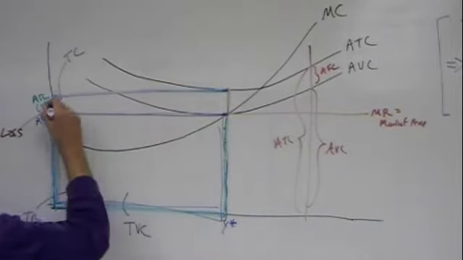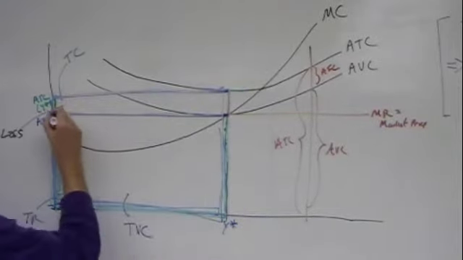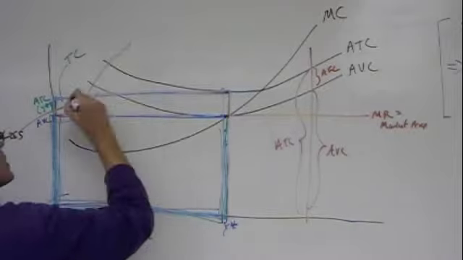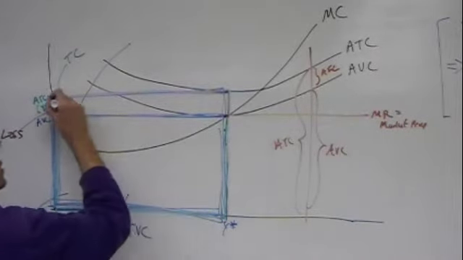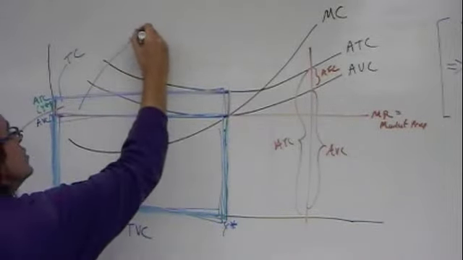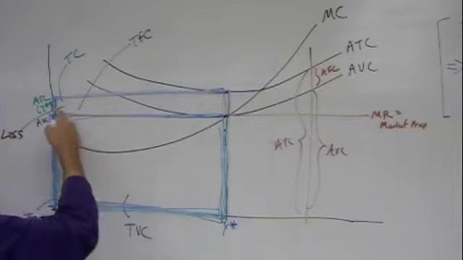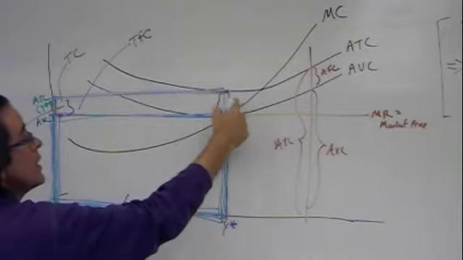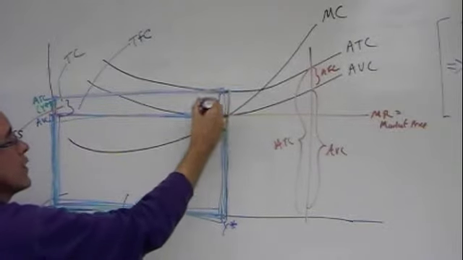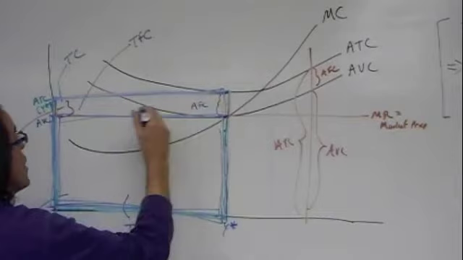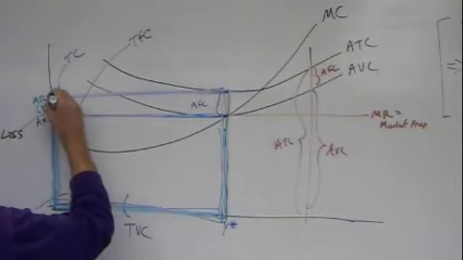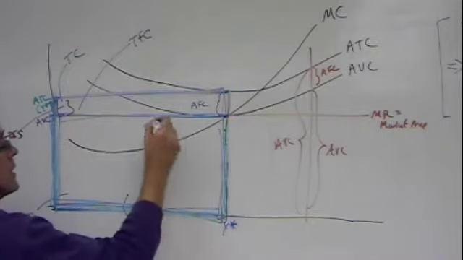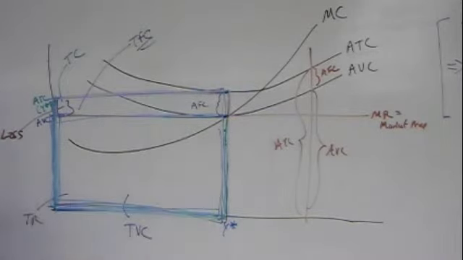Remember, the big box was the average total cost. If we subtract out the total variable cost, this box, what was our loss before, is equal to our total fixed cost. Remember, this gap, the difference between the average total cost and the average variable cost, is our average fixed cost. So the height of this thing right here times the quantity gives us the total fixed cost.